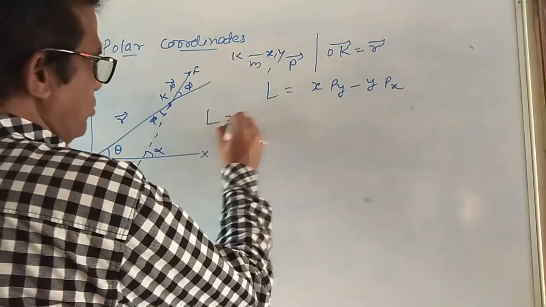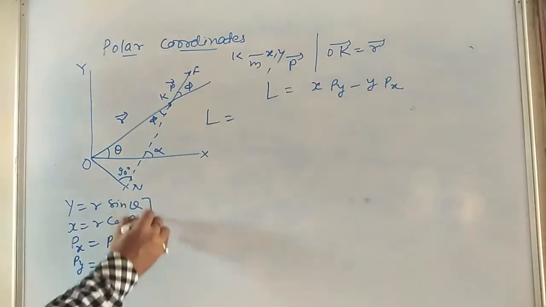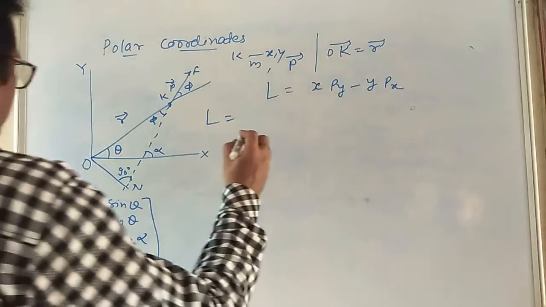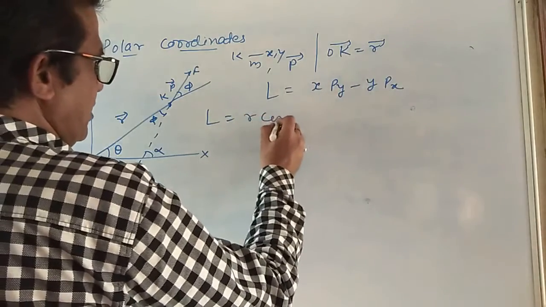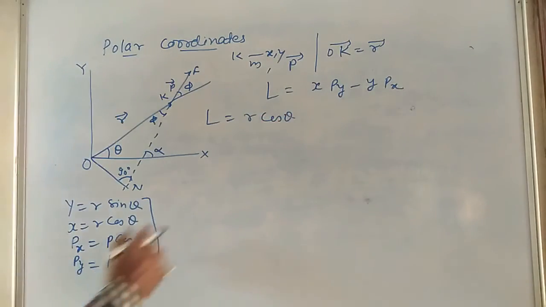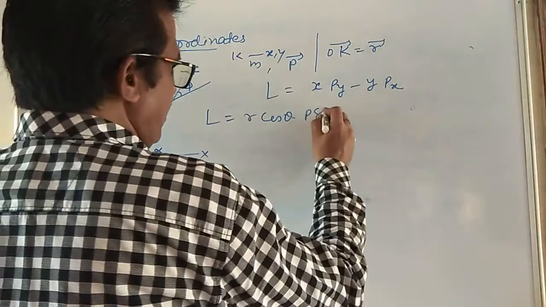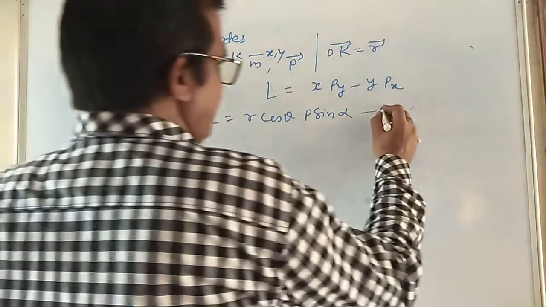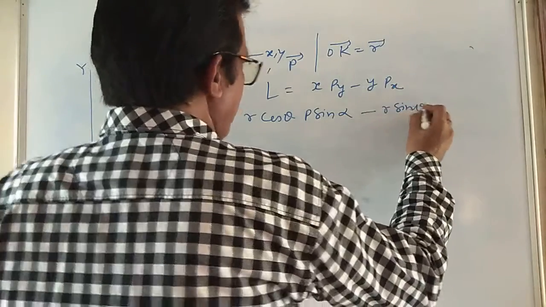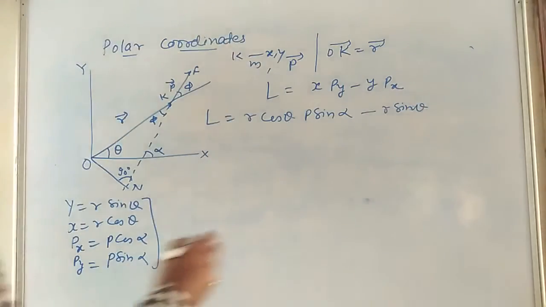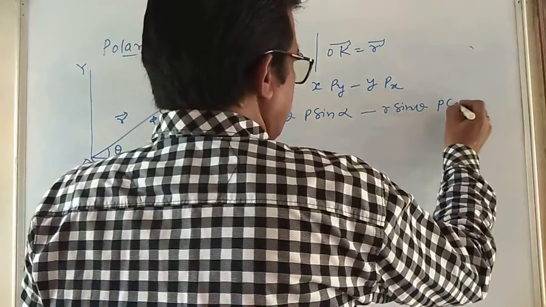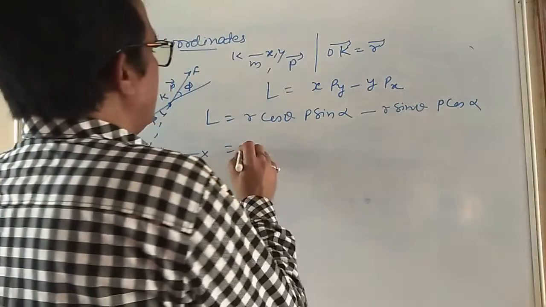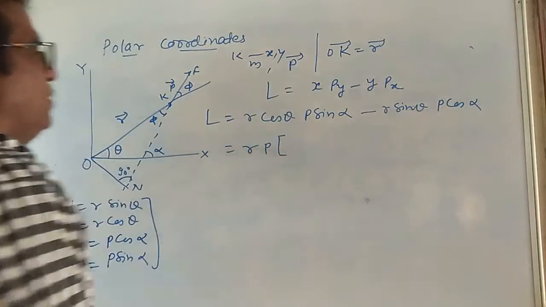Put all the values in this equation. ये चारों values जो हैं बच्चों वहां रखिए. x is r cos theta, py is p sin alpha, minus y is r sin theta, px is p cos alpha. Here rp may be taken common.